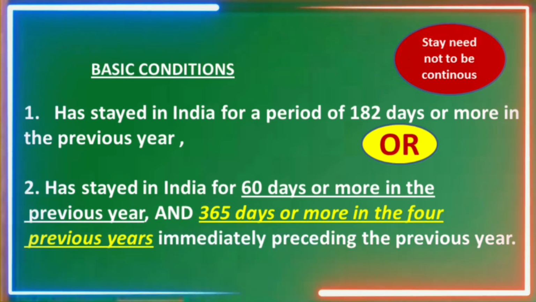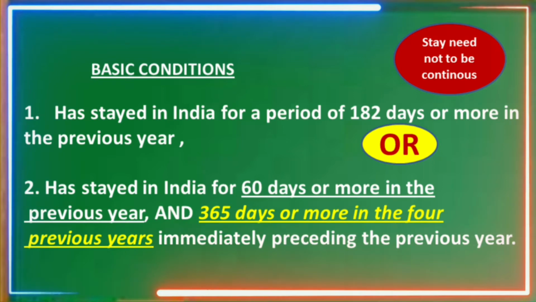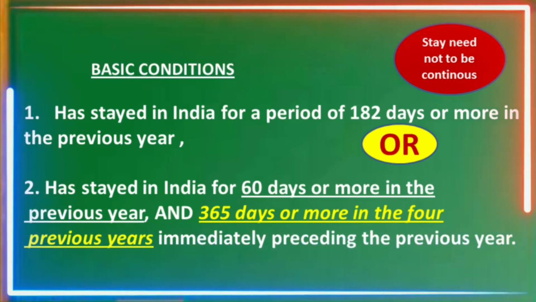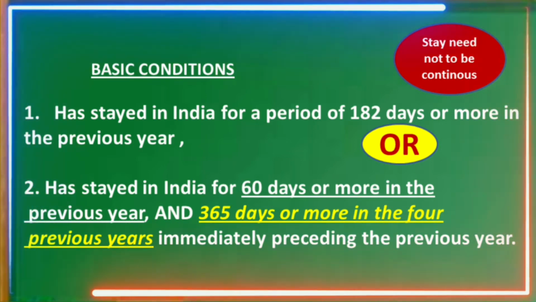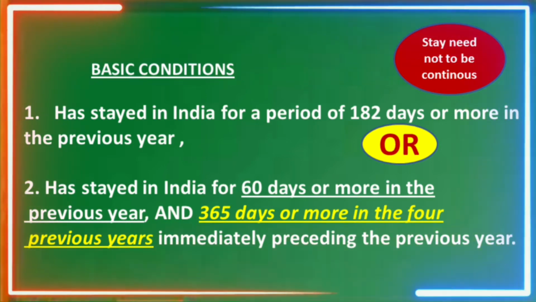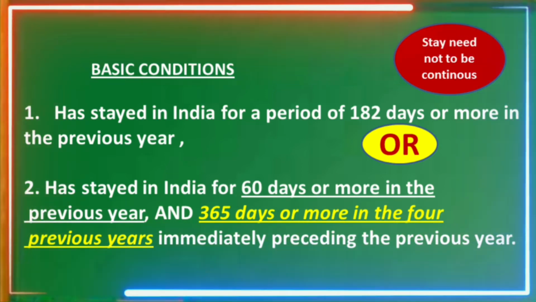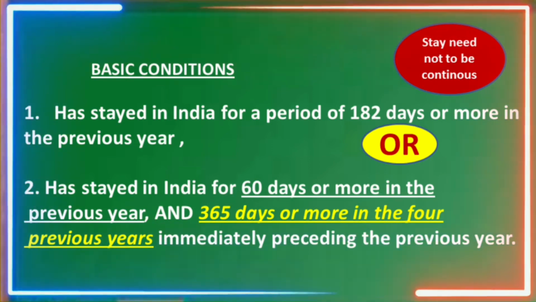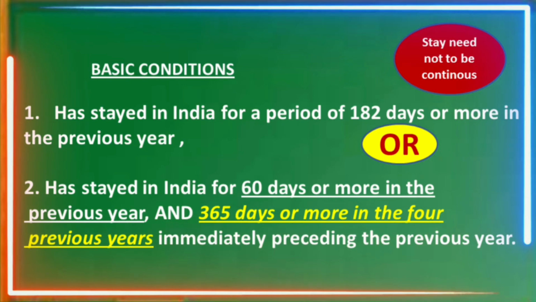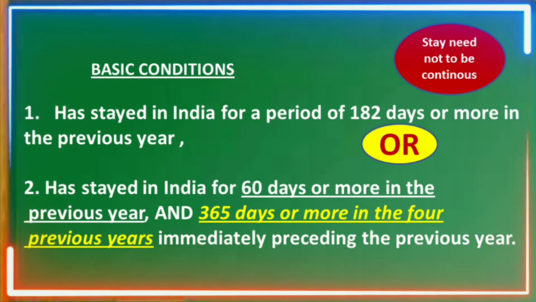Condition number 1: he is in India during the previous year for a period of 182 days or more. Or, the next condition: he is in India for a period of 60 days or more during the previous year and 365 days or more during the 4 years immediately preceding the previous year.